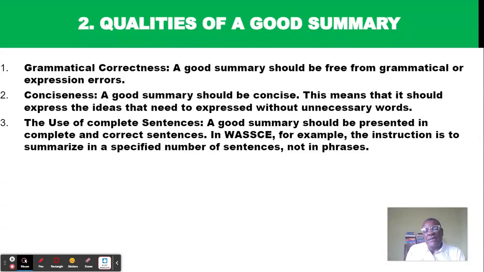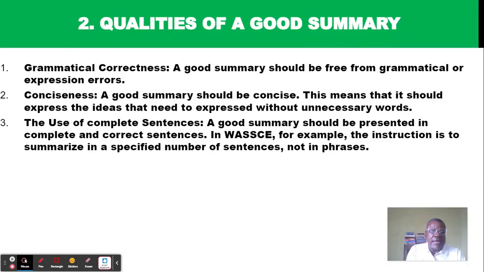In the West African Senior School Certificate Examination, for example, the instruction is to summarize in a specified number of sentences, not in phrases. Okay? In most cases, you are instructed as follows: in 3 sentences, 1 for each, or in 4 sentences, 1 for each, or in 5 sentences, as the case may be, 1 for each.